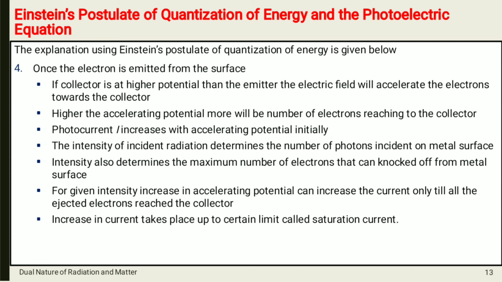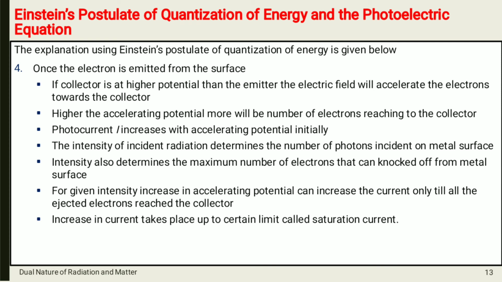Anode. If there is a higher potential difference between emitter and collector, what will happen? The collector will pull or attract all the electrons which are coming out from the emitter, and due to that the electric field will accelerate the electrons towards the collector.